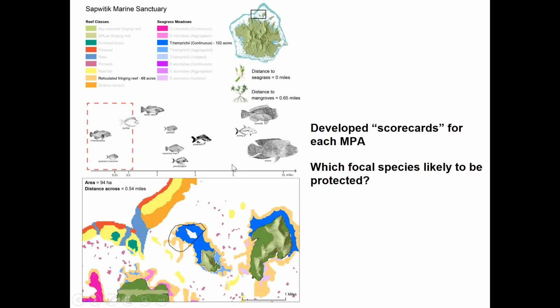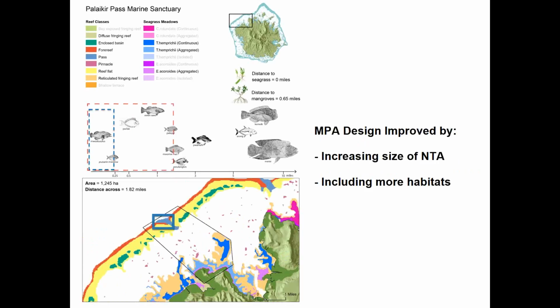So then what we did is we used a similar approach to refine the design of the proposed Palakia Pass. Remember I said before that this was a proposed MPA out here on the outer barrier where there's a channel through the reef, and they were thinking about just protecting this dark blue area. And we looked at that and we said, well, if you do that, it's only going to have benefits to a couple of species that live out there in the pass and don't move very far, because it was only going to be a quarter of a mile across.